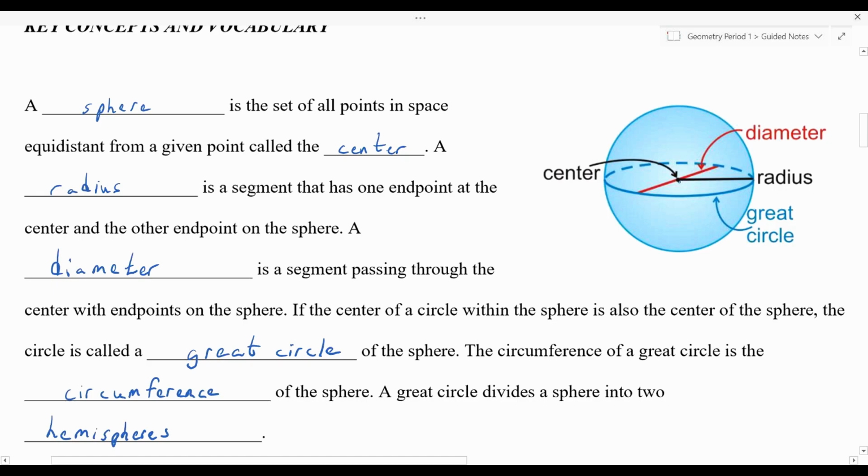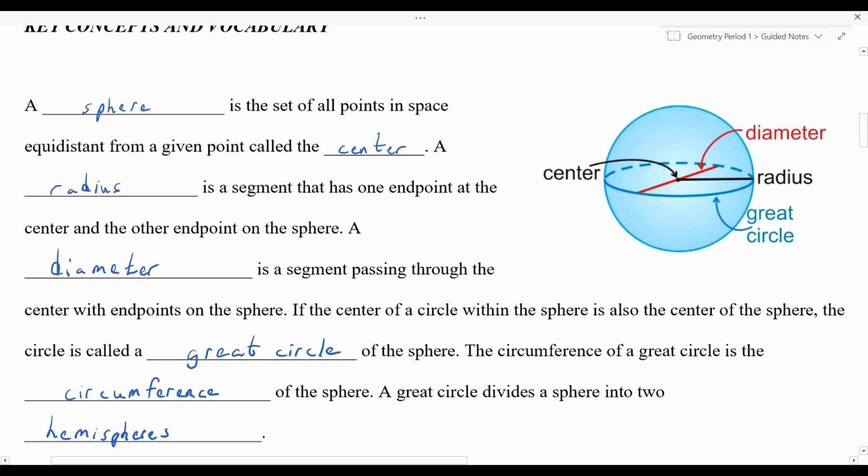A radius, which is the same as in a circle, is half the diameter, and goes from the center to the outer edge of the sphere.